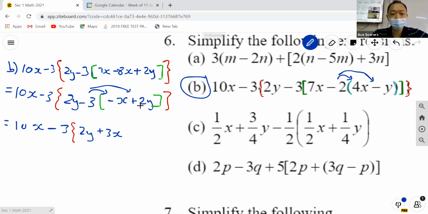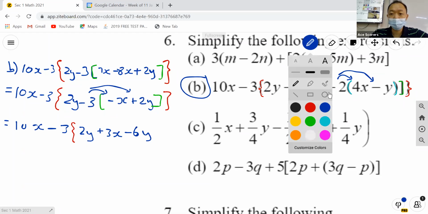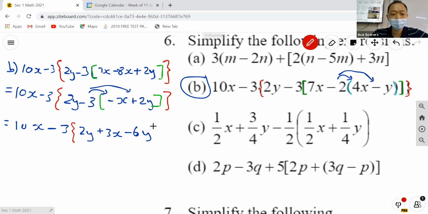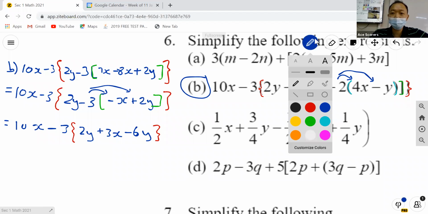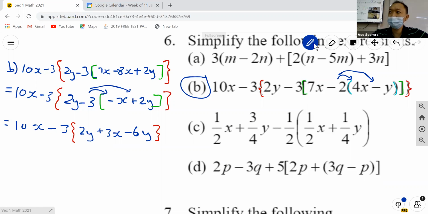And minus 3 times positive 2y, minus 6y. And the red color bracket. Finally, I'm done with the green. Then I do the red bracket. Okay, you get the point? You get the point? Right? From inside slowly do out.